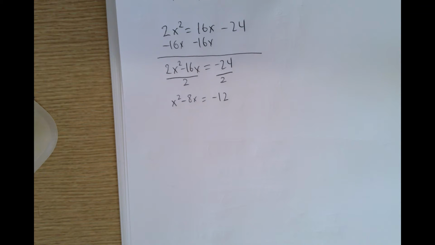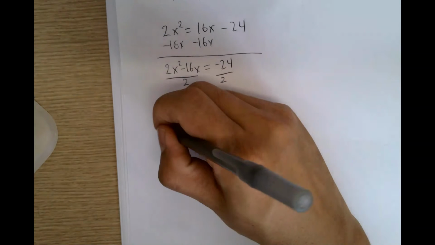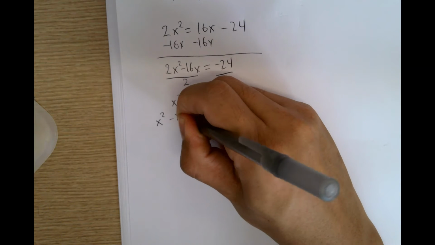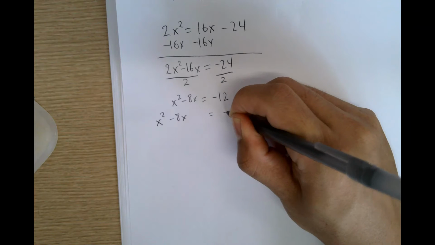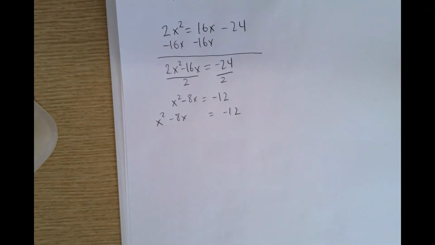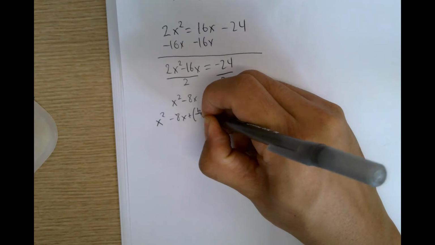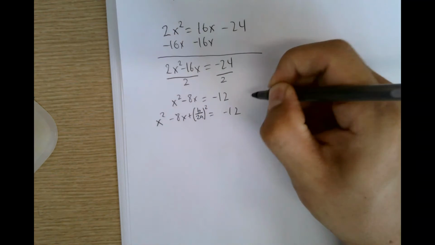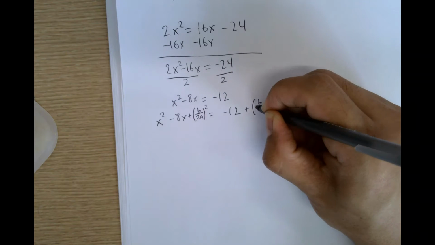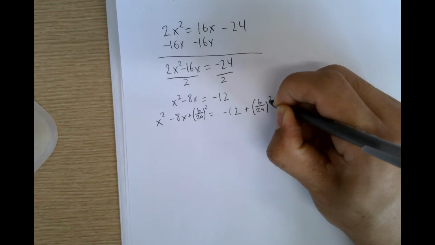Okay, so now that we've done this, I'm actually going to rewrite it so that I can give myself more space. So I'm going to do it like this. The first step that we're going to do is add b divided by 2a, squared, to both sides.